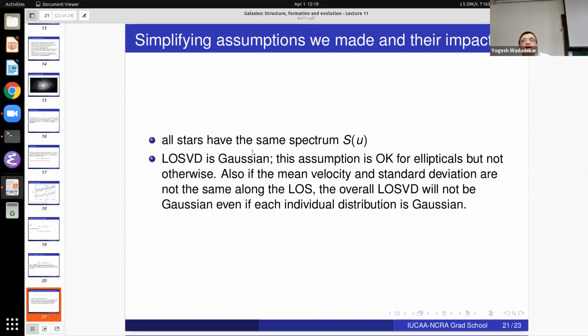Because if you take the spectrum of a galaxy, of a quiescent galaxy, not very star forming, then what will it be dominated by? Yes, so low mass stars in general, right?